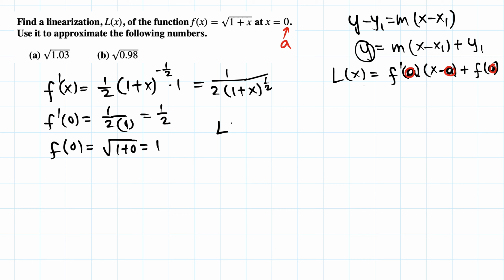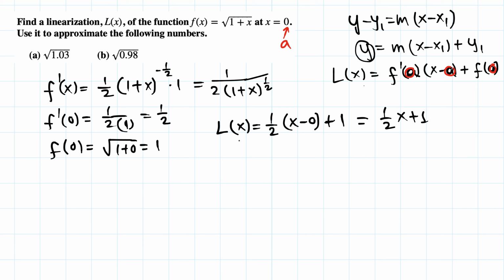Now the linearization is f prime at 0, which is 1/2, times x minus 0, or just x, plus f of 0, which is 1. So it is 1/2 x plus 1.